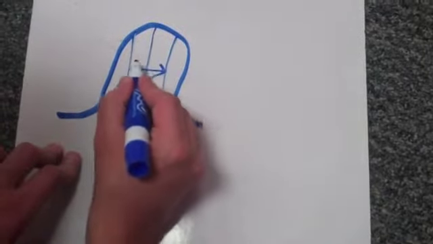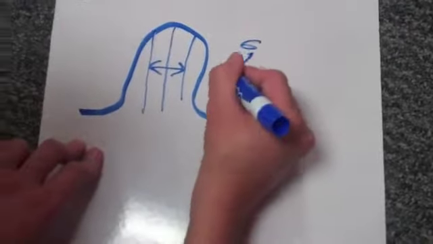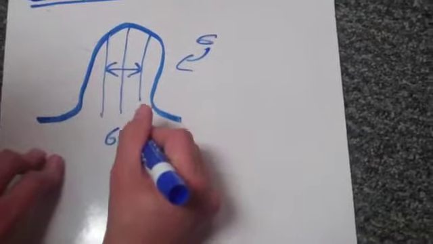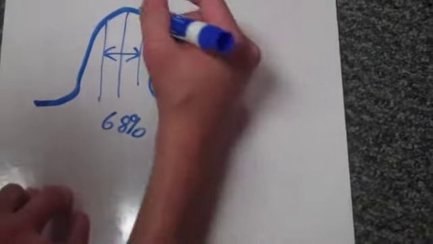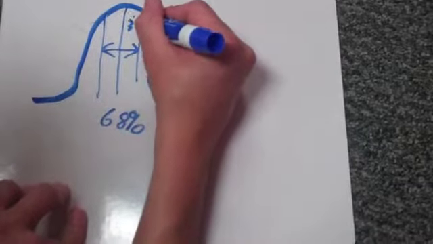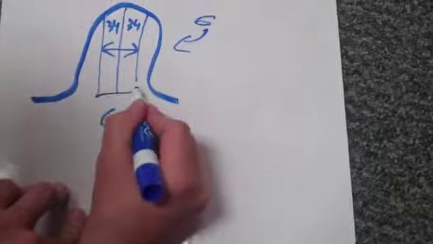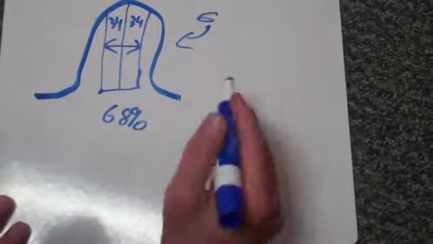Within one standard deviation, or sigma, of the normal curve, you will have 68% of your data. So essentially that means that 34% on both sides of the normal curve will be one standard deviation away from the mean.